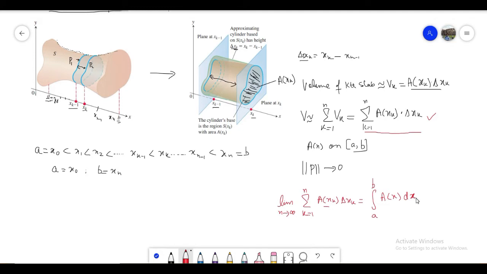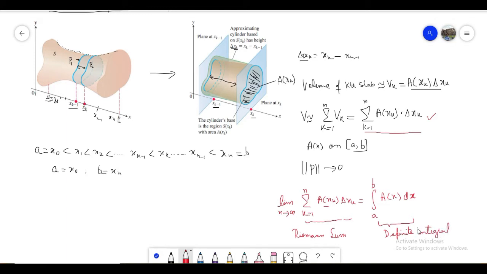So we can define the limiting definite integral to the Riemann sum as the volume of the solid S. Basically, this is the Riemann sum, and this is our definite integral.